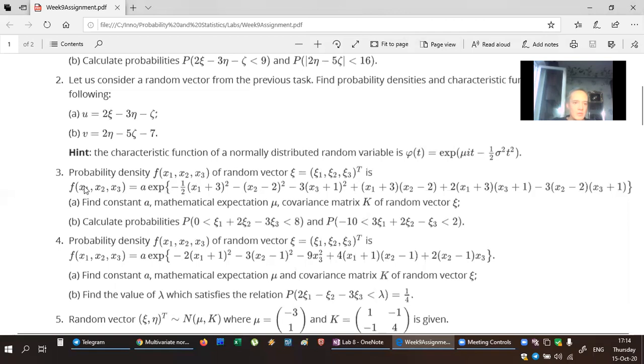So from the expression of the PDF, we can see that the vector mu we can get from this expression. So you see it's x1 plus 3 everywhere.